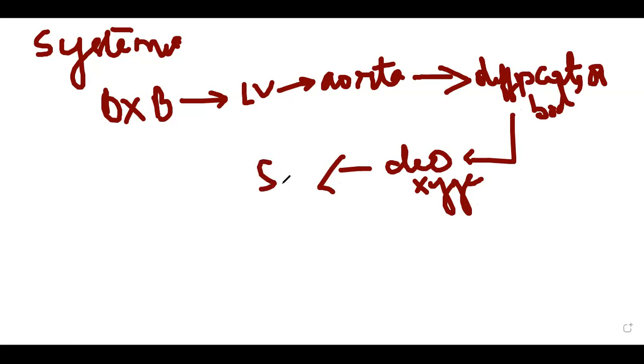Now this blood enters into the superior and inferior vena cava and it enters into the right auricle. So the exchange between the body and heart is called systemic circulation.